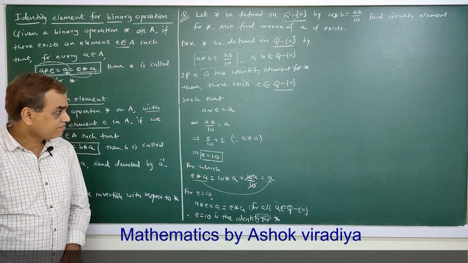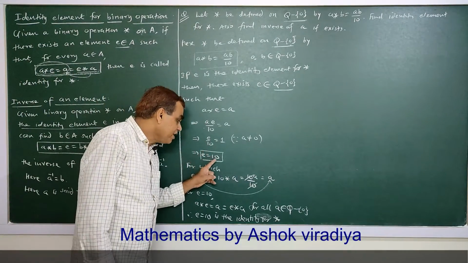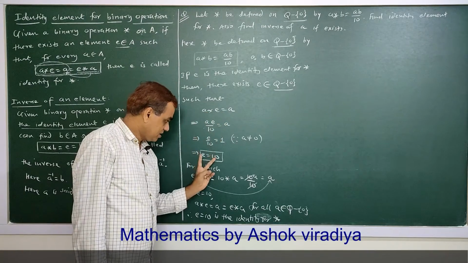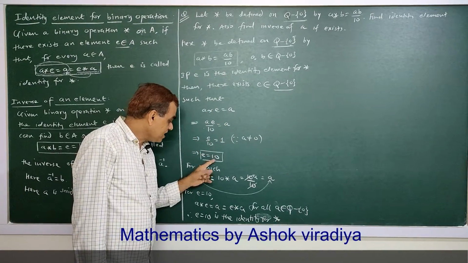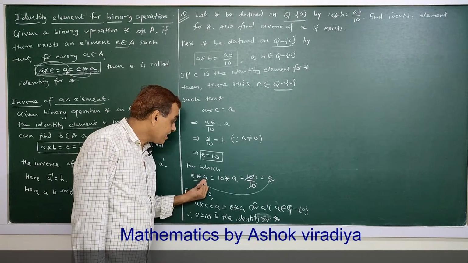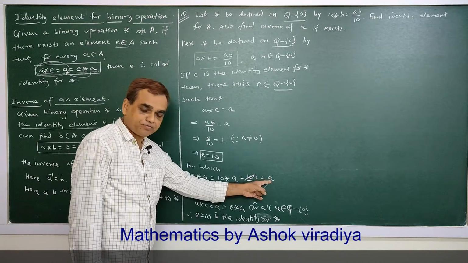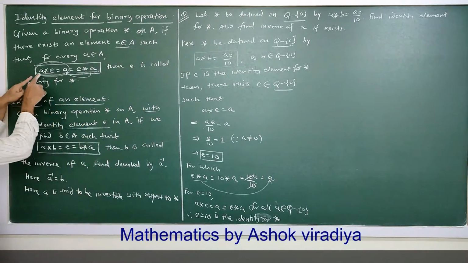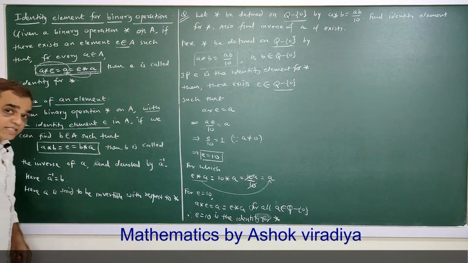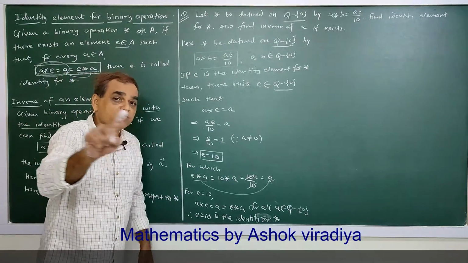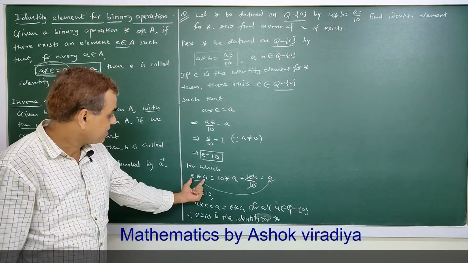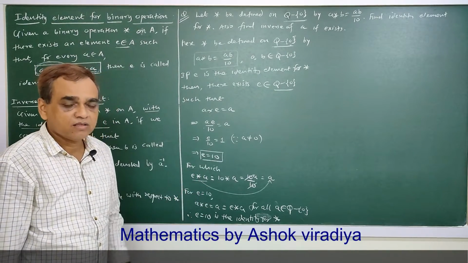Because sometimes what happens is you get the value of E from the first part, but if you substitute that value of E in the other part, it may happen that E star A is not equal to A. A star E is A, but E star A is not equal to A. In that case, E cannot be taken as the identity. That's why verification is required.